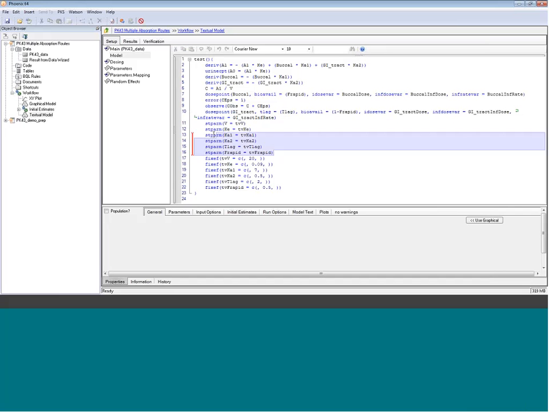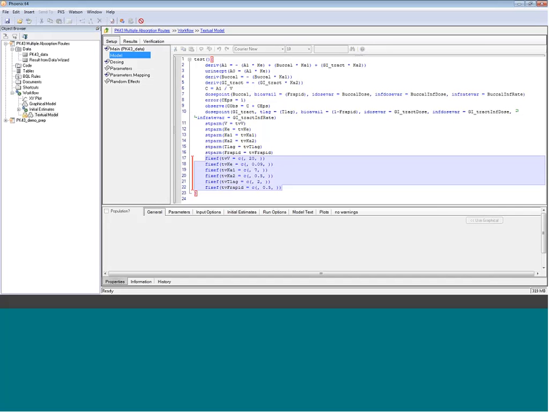And then by default, we do get these parameters declared as structural parameters. So the volume equals typical value for volume, KE, KAs, T-lag, and F-rapid, and so on. And then lastly, the initial estimates are entered in the fixed effect statement, and then these were just simply copied over from the previous model object. And so one can actually just go ahead and run this in the textual mode.